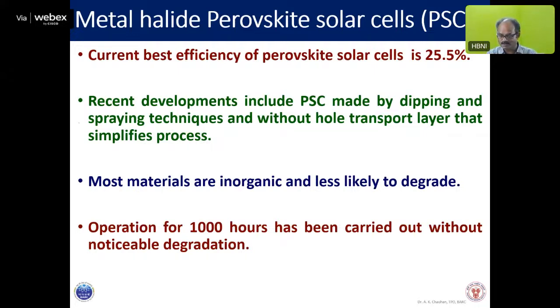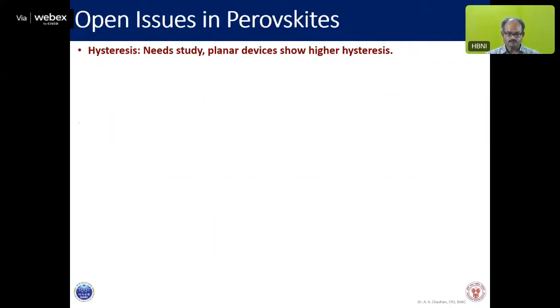Like in polymer solar cells or bulk heterojunctions, both components were purely organic. So in that sense, perovskite solar cells are called hybrid solar cells. Typical operation of 1,000 hours has been carried out without noticeable degradation.